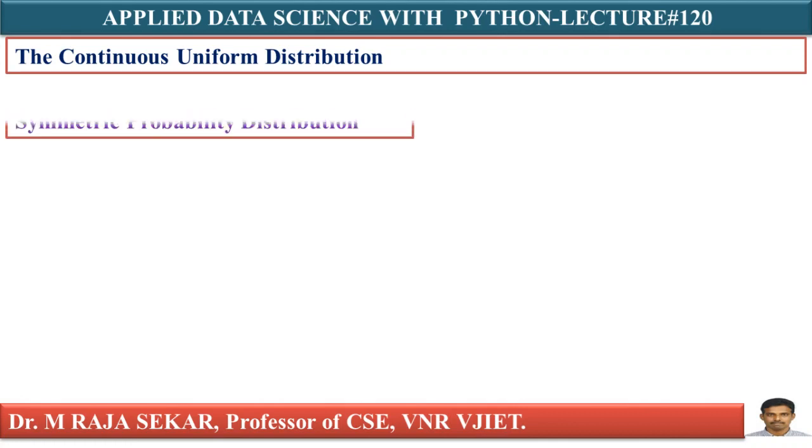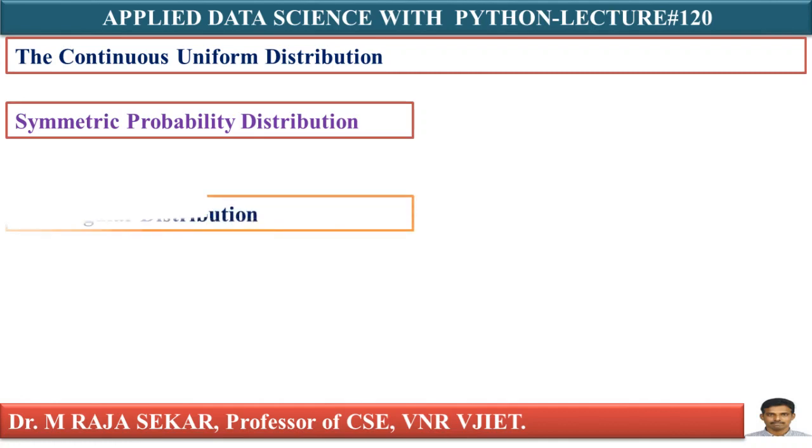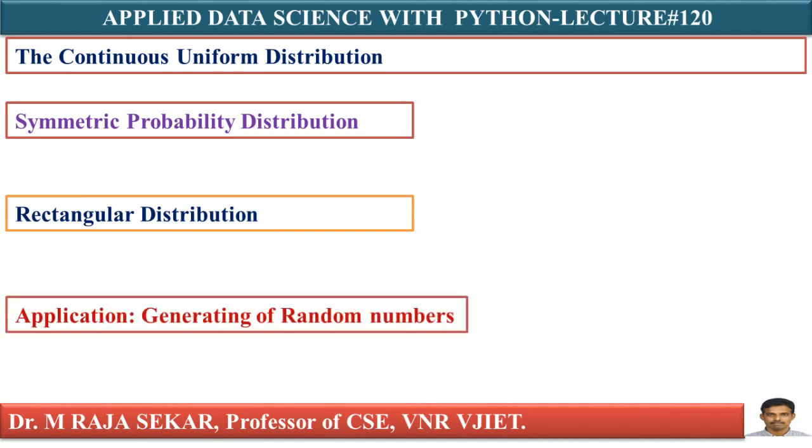In probability and statistics, the continuous uniform distribution is a family of symmetric probability distributions. Because of its shape, it is also called rectangular distribution.